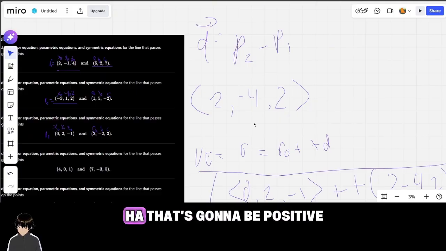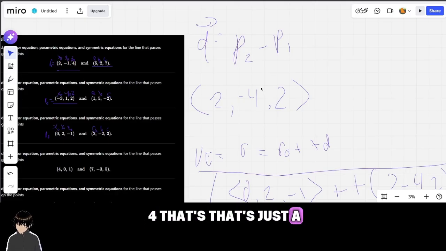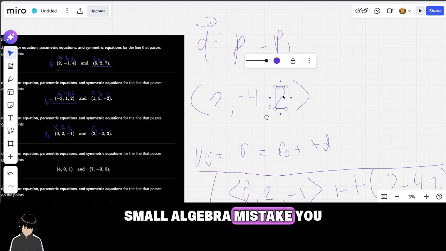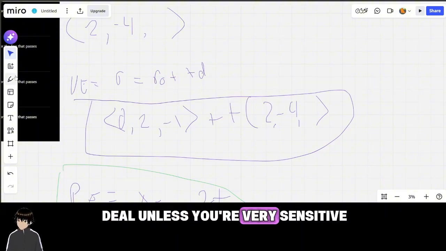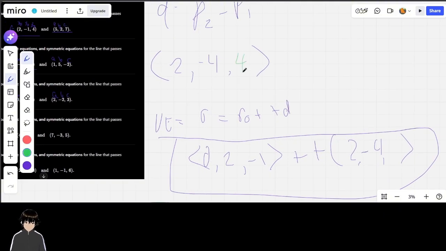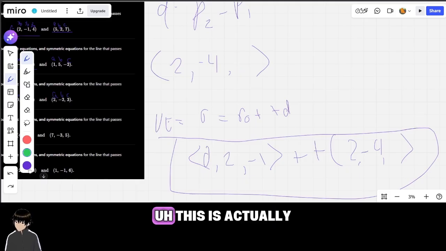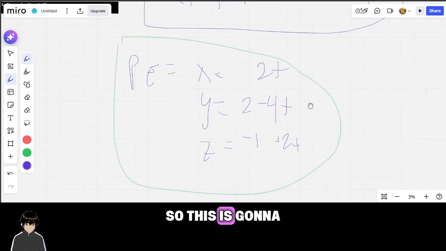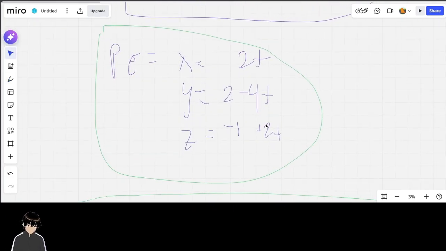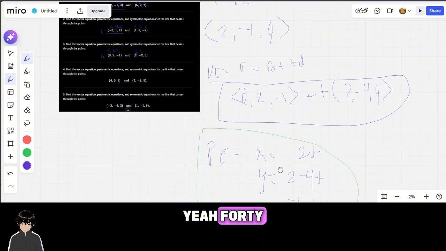That's going to be positive, it's going to be plus 4. That's just a small algebraic mistake, no biggie, it's not a big deal unless you're very sensitive. It's just 4, so it's going to be 4t as well.